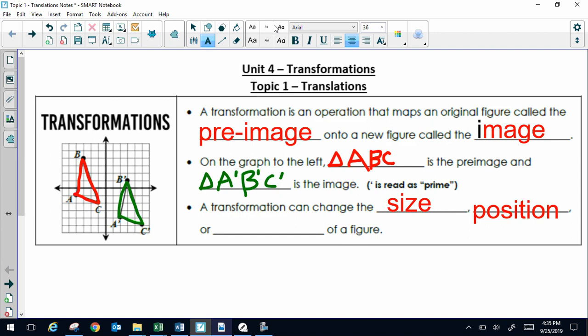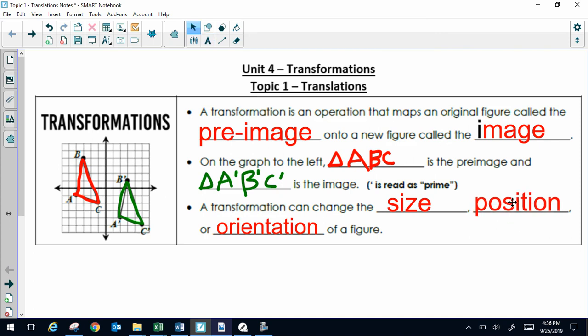We can change the position. And we can change the orientation, and that word should be familiar to you, because think about a Word document. I can be in portrait mode or I can be in landscape mode, right? So that's different positions or orientations.